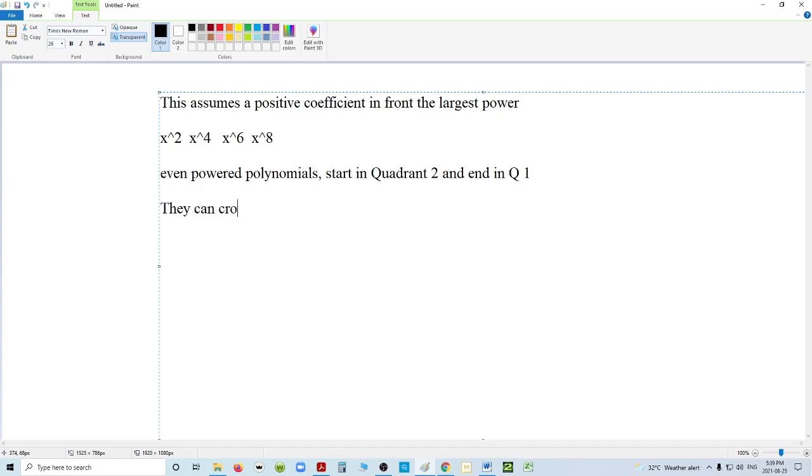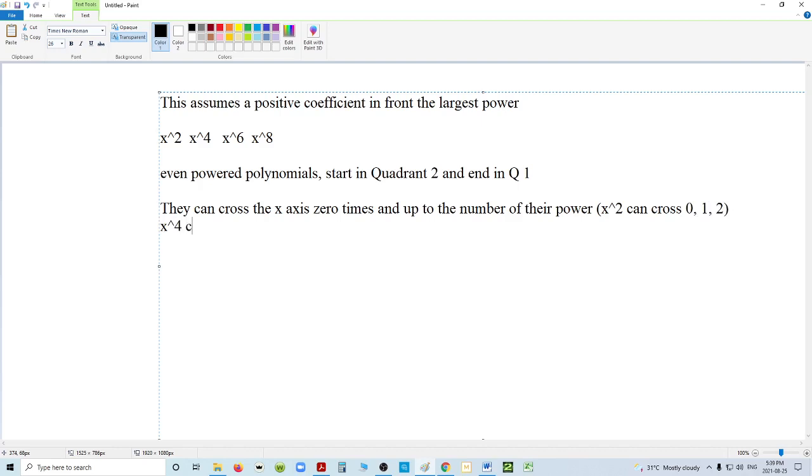They can cross the x-axis 0 times and up to the number of their power. So an x to the power of 2 can cross 0, 1, or 2 times, which you're already familiar with. This is the same rule for x to the power of 4, though.